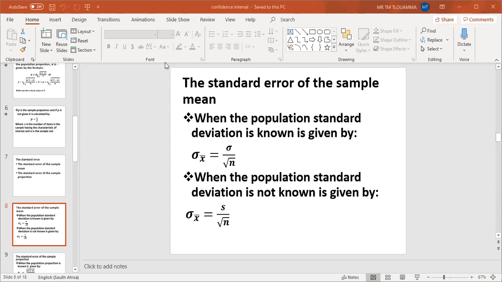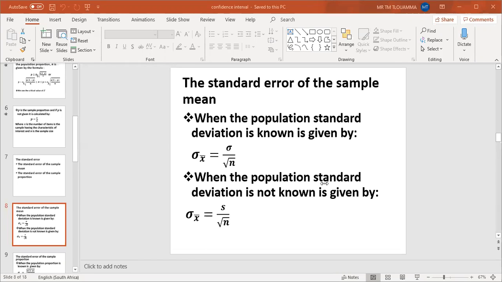So you should not be confused by the English in the statement. Here we were on the standard error of the mean, and now we're going to move to the standard error of the proportion. These two are not the same thing.